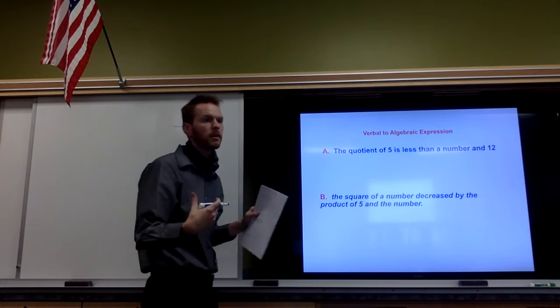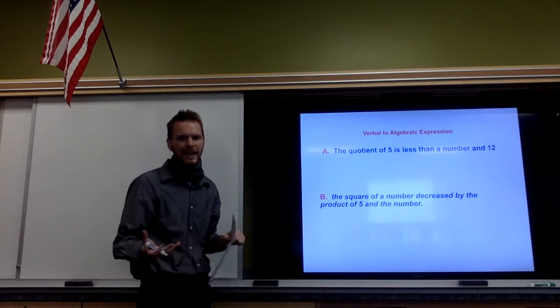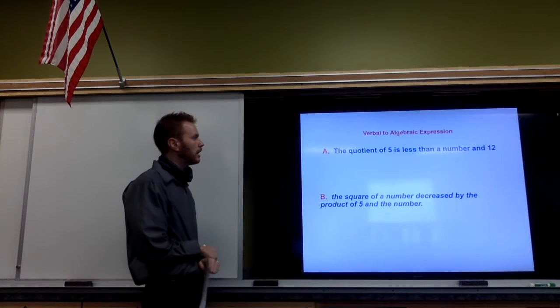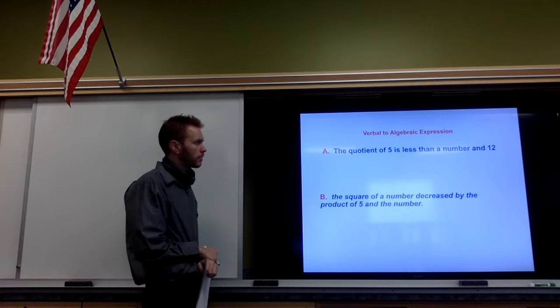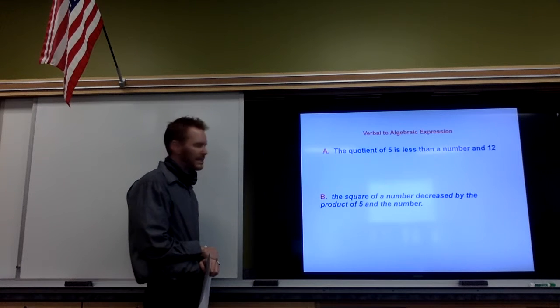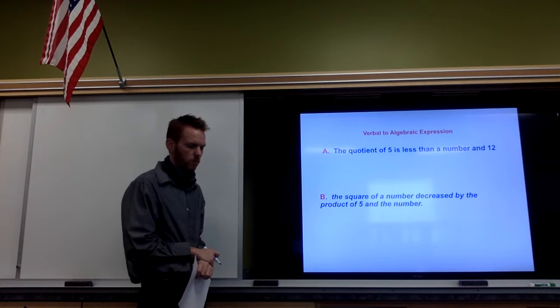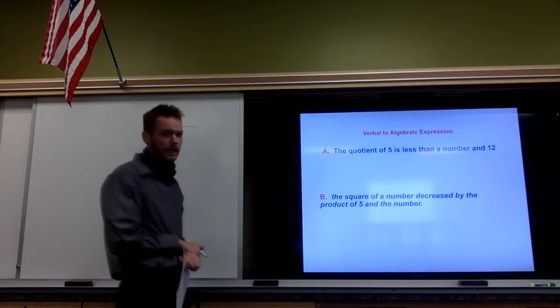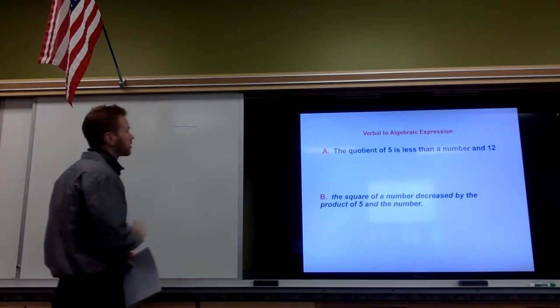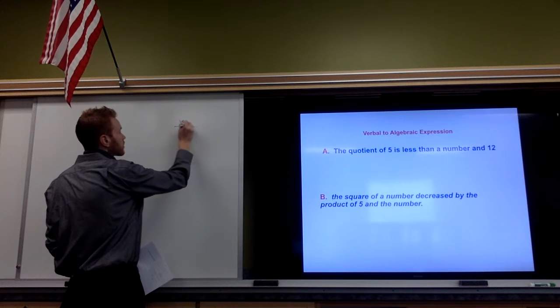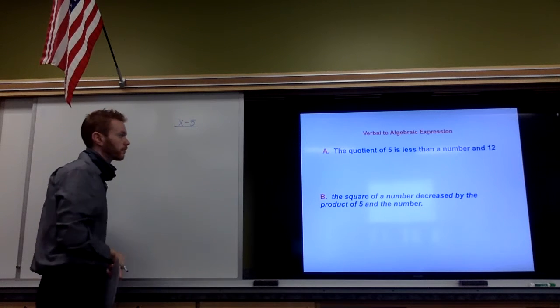Now, I don't know what that number is. A common one is x. You can use x if you'd like, or you can use any variable. So 5 less than a number. What would that look like? Well, less than, we're talking about subtraction. So it's going to be x minus 5.